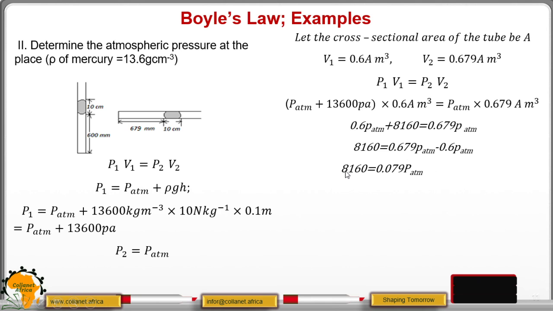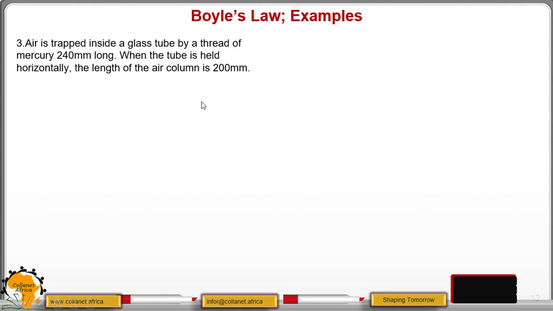And this side you have 8,160. Now to get the atmospheric pressure, you divide through by 0.079. By so doing, you get that your atmospheric pressure will be 1.0329 times 10 to the power 5 pascals. Then we move to the other example.